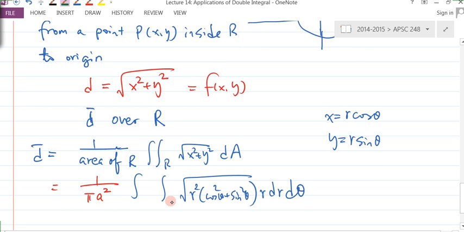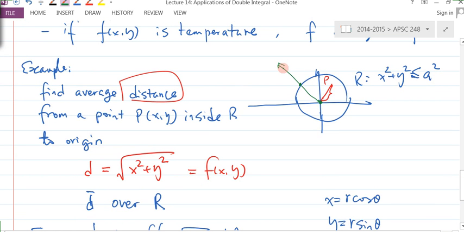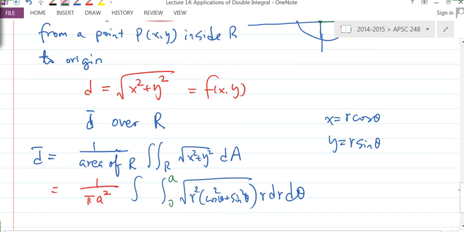So r goes from 0 to a. Then you sweep this reading line across the whole region R to find the bounds for theta, basically sandwiching this region R. In this case, it's the whole circle, so you sweep from 0 for a whole round, no redundancy. So it's 0 to 2 pi. Is that clear?